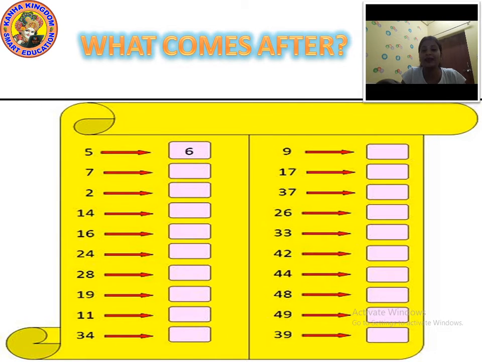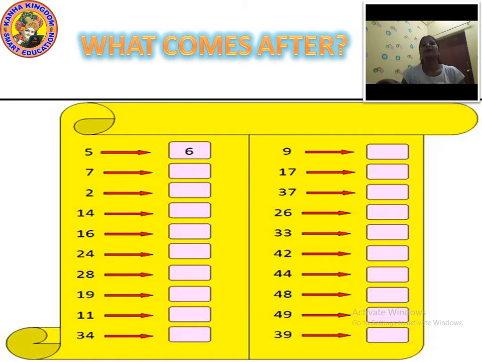Now the next number is 34. To find out what comes after 34, let's start counting from 31. 31, 32, 33, 34, 35. Okay. So after 34, 35 will come.